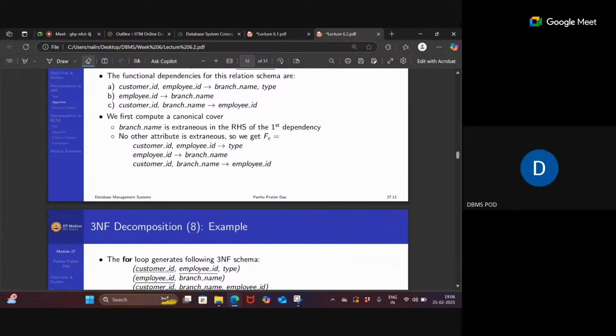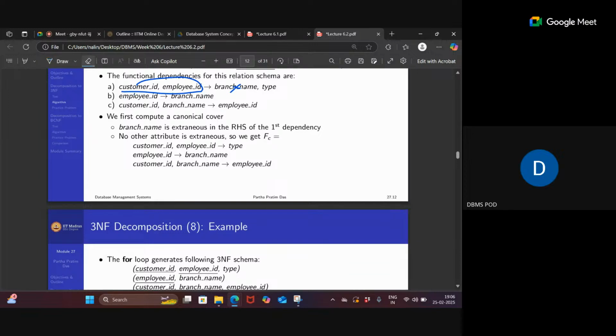So this is how we find the extraneous attribute. Wherever there are two attributes, just eliminate one attribute and check the closure. By finding this closure, are we getting this branch name also? If we get it, then branch name is extraneous. If we don't get it, then branch name is required. The same for the LHS side also.